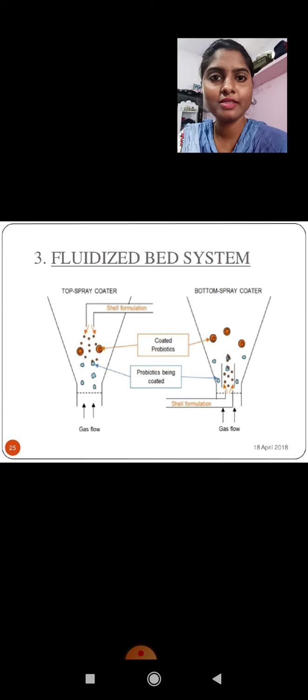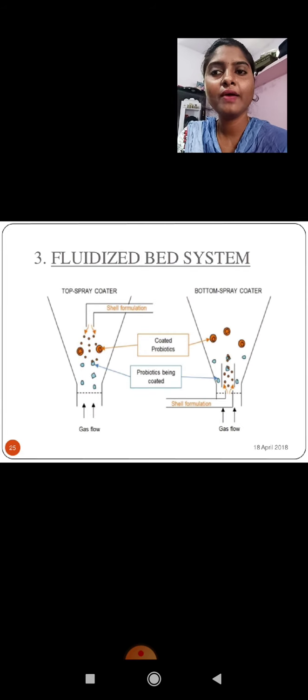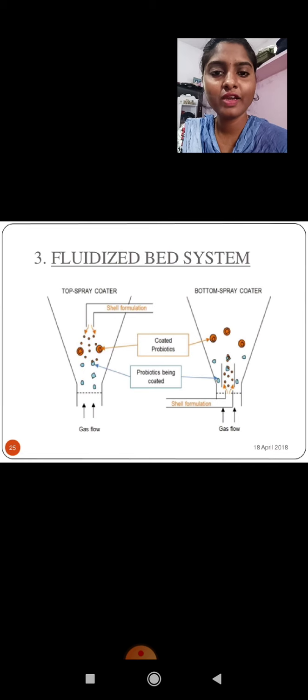what generally happened in the previous coating systems, like the dry coater and Pellegrini coating systems, is that they use heat. So what will happen is that drugs that are sensitive to heat lose their efficacy and effectiveness when they come in contact with the heat.